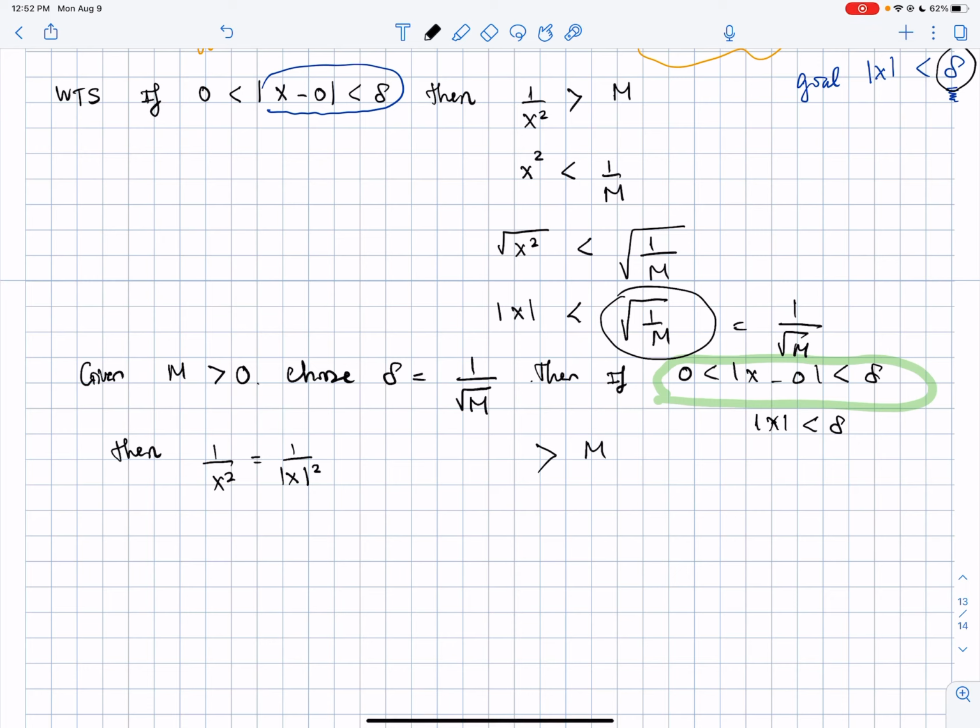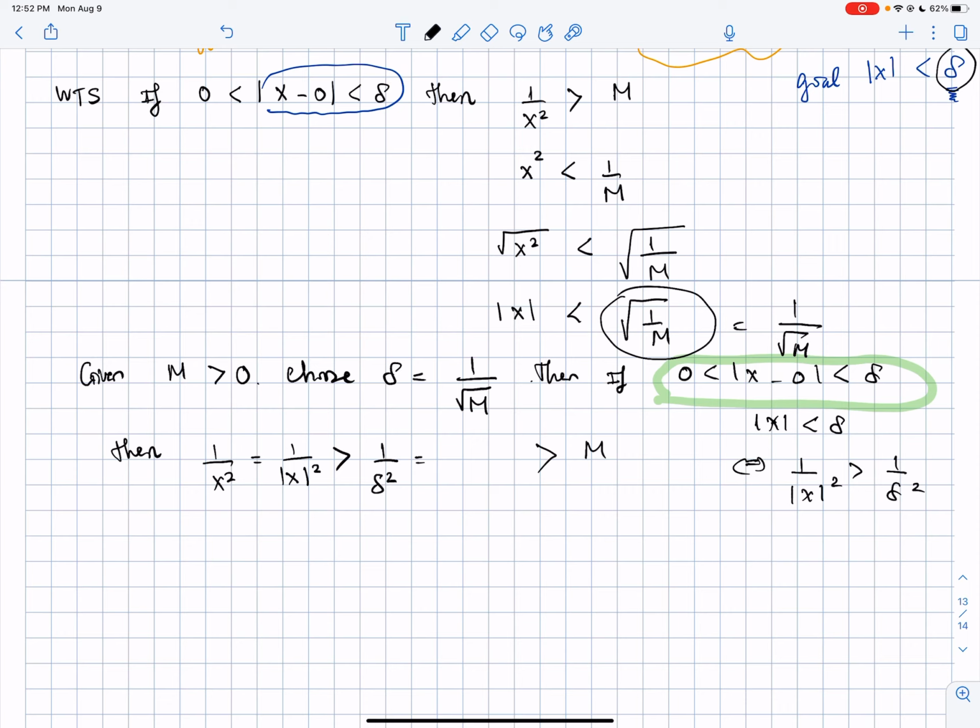If I have absolute value of x less than delta, I take the reciprocal of both sides. So 1 over absolute value of x is greater than 1 over delta. Then I square this, so I get greater than 1 over delta squared.